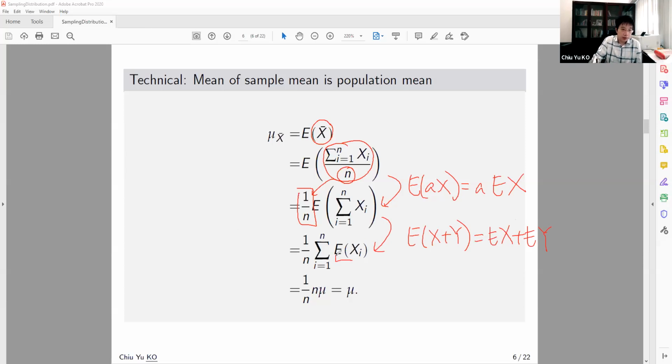Each one is mu, and there are n of them, that's n mu, and n cancels out, giving mu. So the mean of the sample mean is the population mean. Any question? No? Okay.